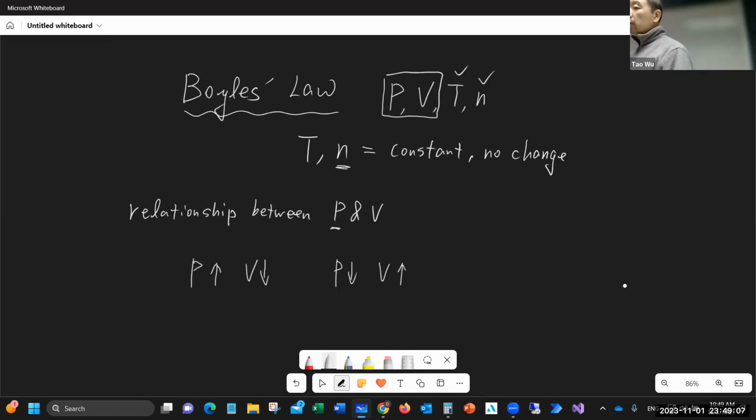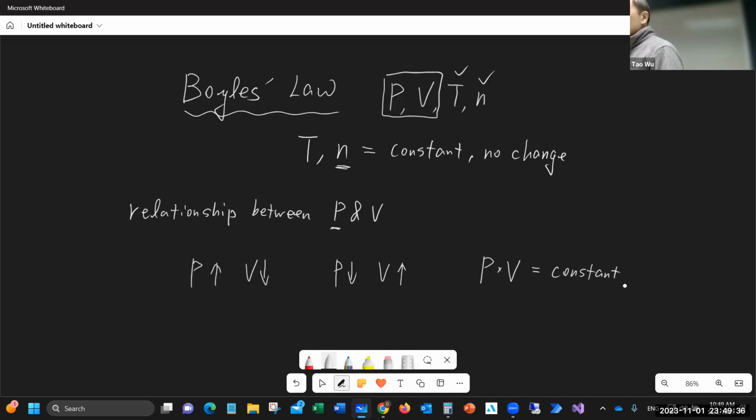And how can we put this in a mathematical expression? The relationship is just pressure times volume is equal to a constant. This is the mathematical expression for Boyle's law.